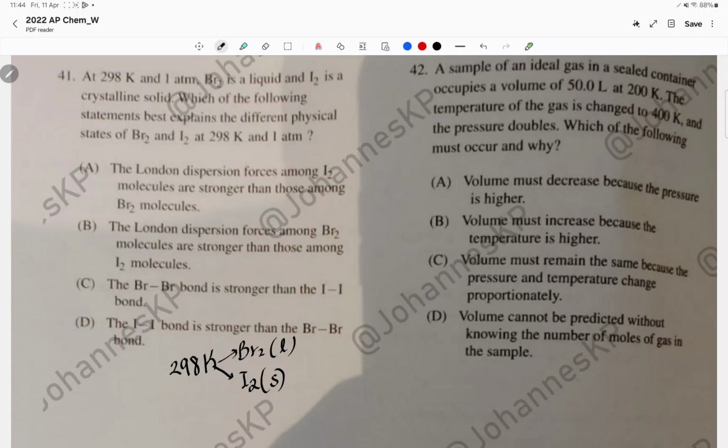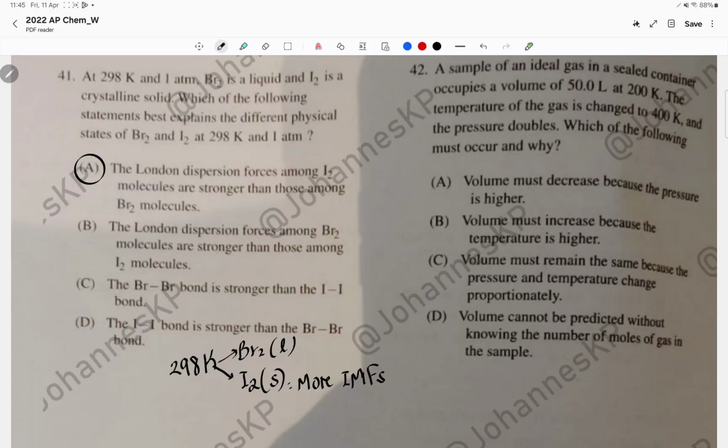So which one has more IMFs? The I2. The closer state has more IMFs, which is the I2. Which makes sense, right? Because I2 has more electrons than Br2, so it's going to have more LDFs. And we just compare LDFs for diatomic molecules. It's going to be A. Cool.